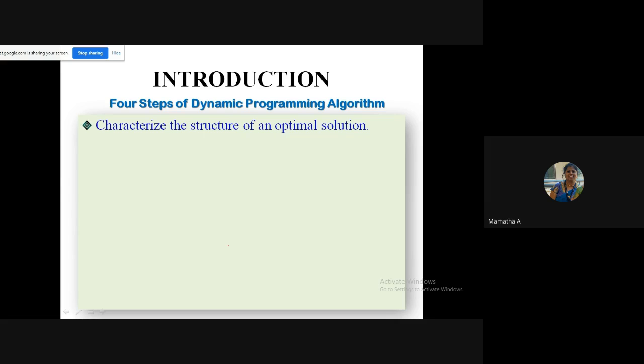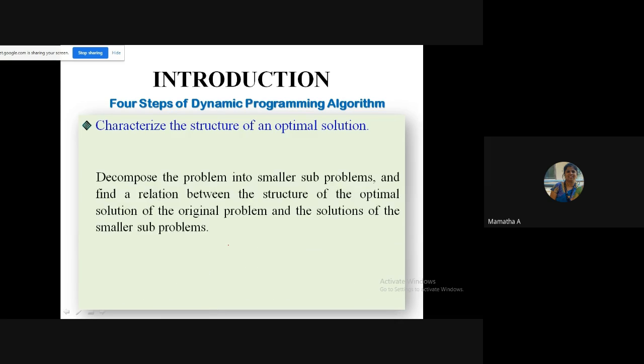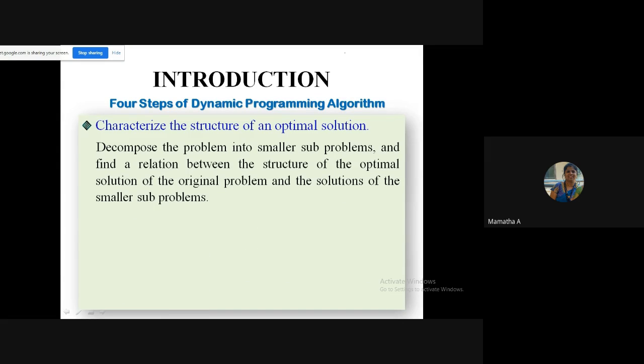If I have to get the optimal solution, my problem has to be divided into subproblems, and the subproblems have to be solved to get the solution to the original problem. What does that structure mean here? It's very simple. Decompose the problem into smaller subproblems.